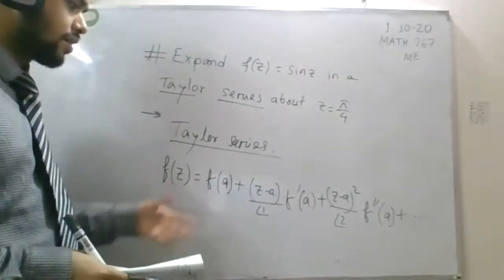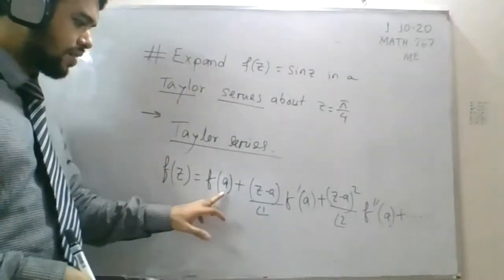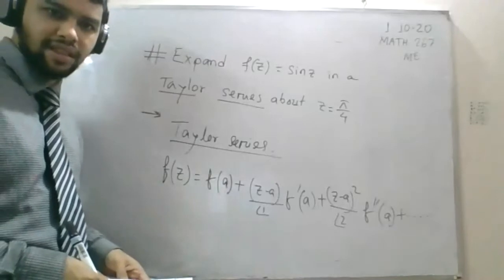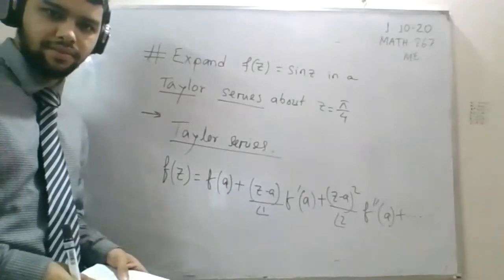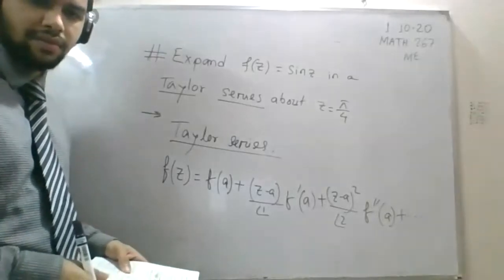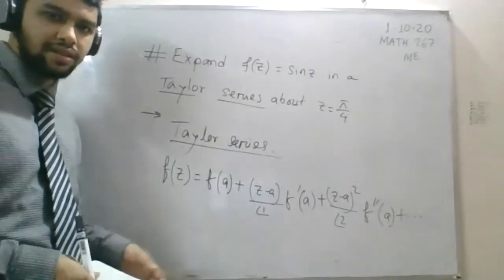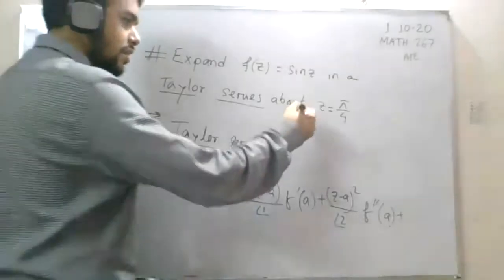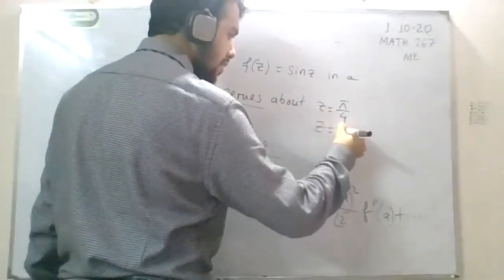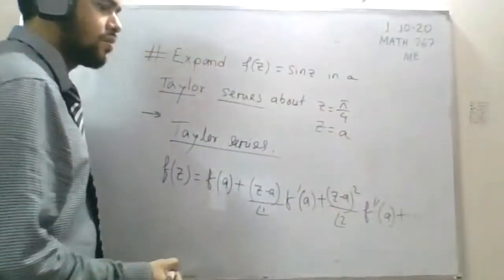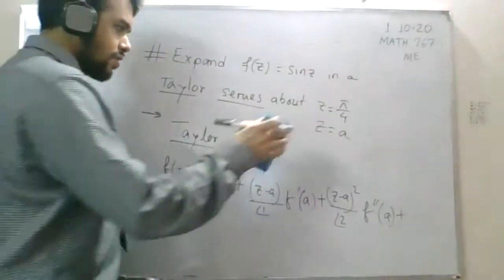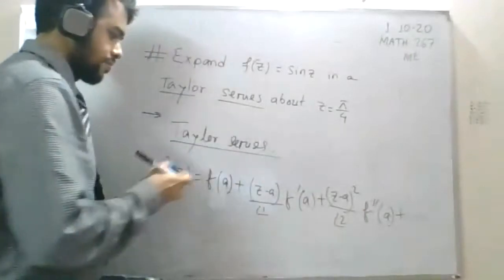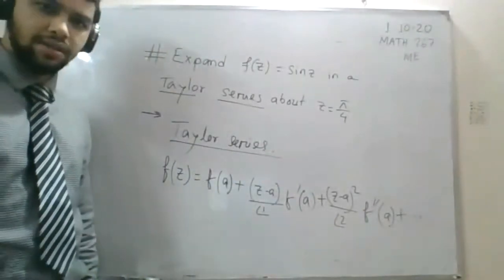Just tell me, what is the value of a here? a is pi by 4. So to solve this type of problem, what do we have to do at first?